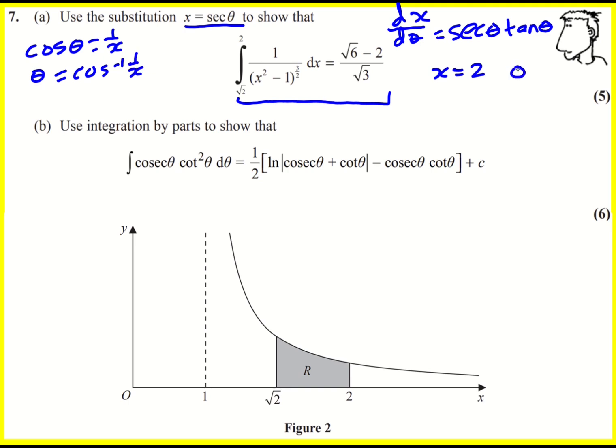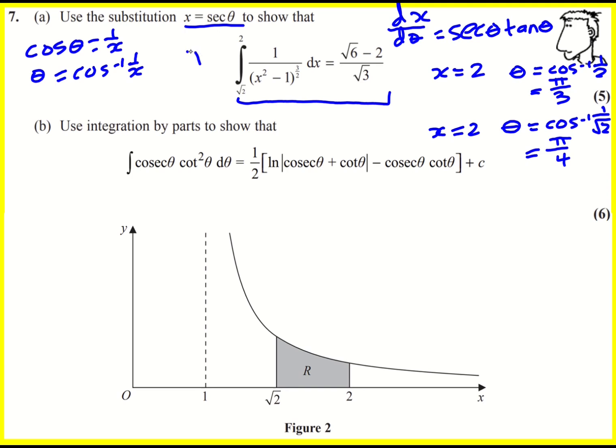And therefore theta here is going to be inverse cos of a half, which becomes pi over 3, sorry. And then if x is equal to 2, then theta is inverse cos of 1 over root 2, which is 45 degrees, or pi over 4.